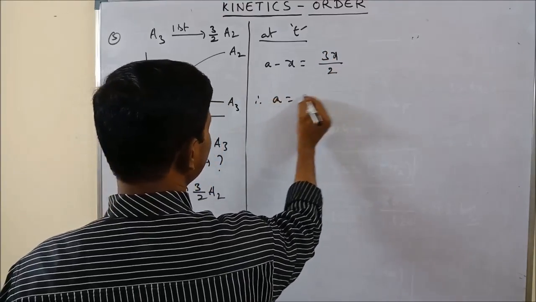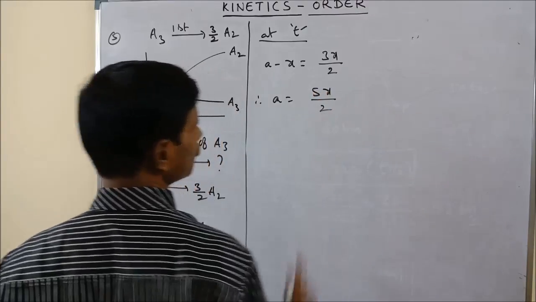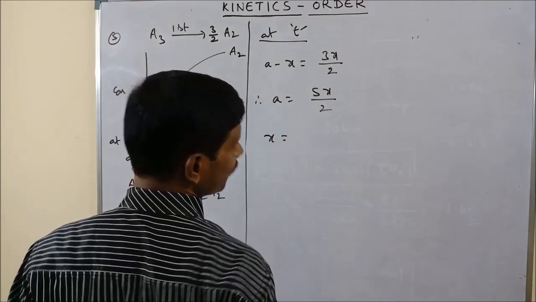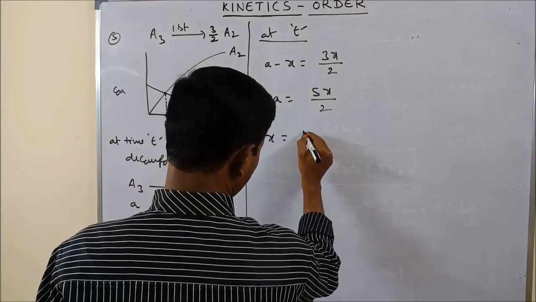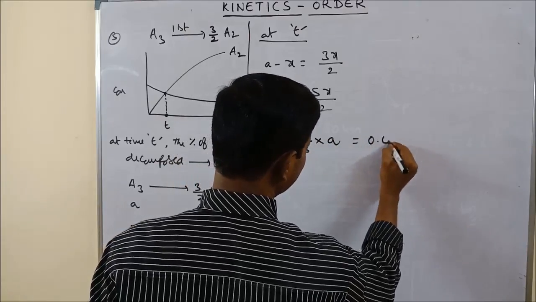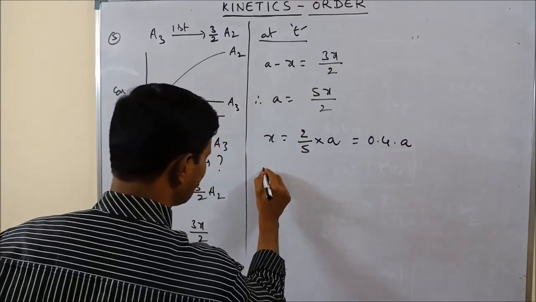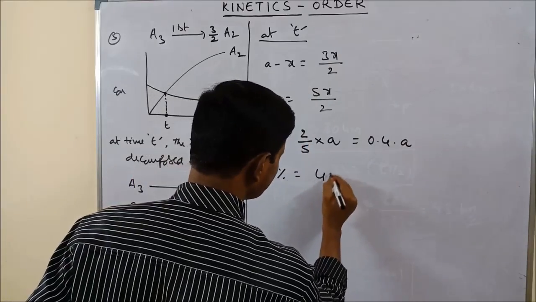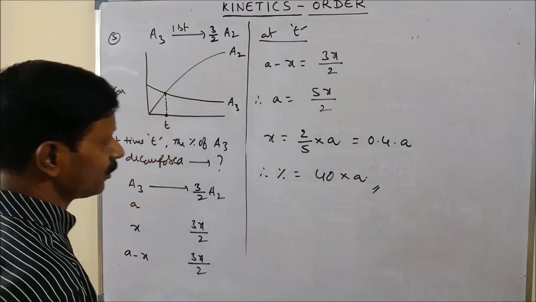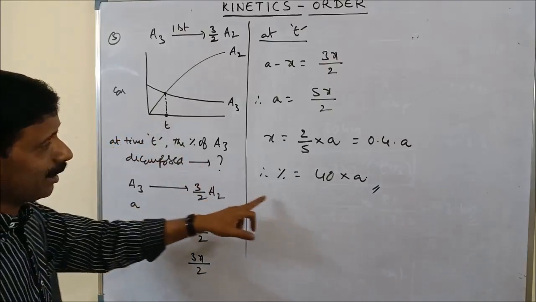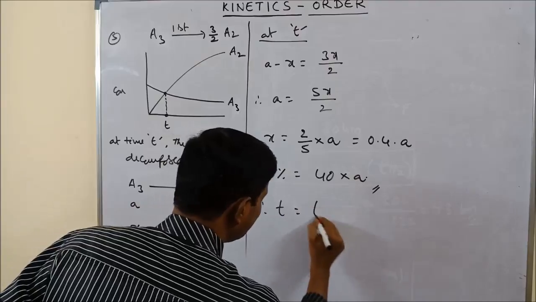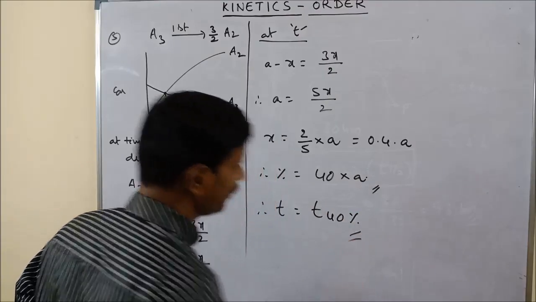So therefore A equal to 5x by 2. So as per this, x equal to 2 by 5 into A. 2 by 5 means that is 0.4 into A. So therefore percentage, that is 40 into A. So that means at time t, 40% of the reactant is going to decompose. Therefore T equal to T 40%.